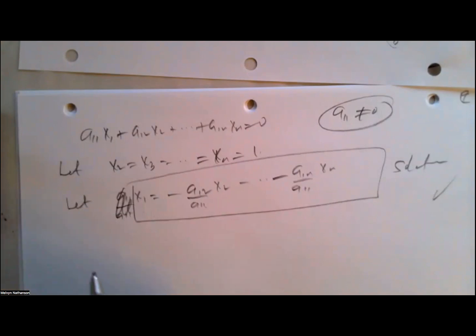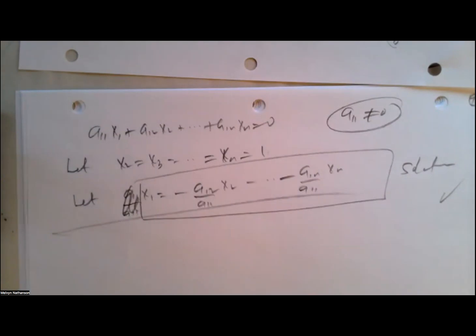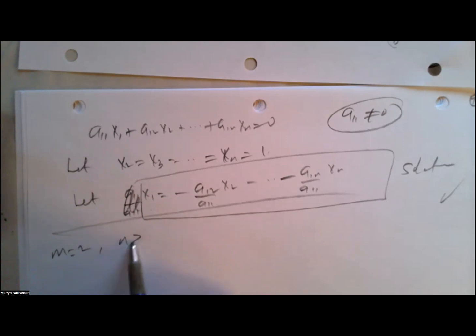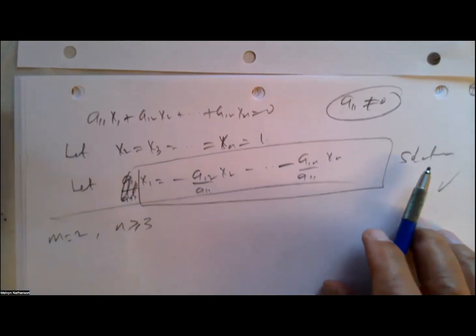Let's look at the next bit. So this is a mathematical argument. This is something that you need to learn to follow. What about the case m equals 2? If there are two equations, then the number of variables is bigger than 2, so n is at least 3.